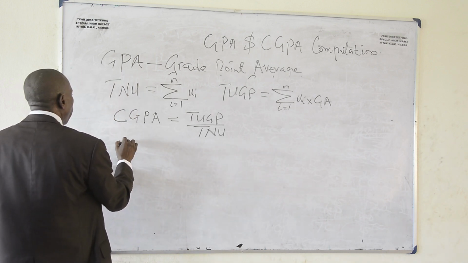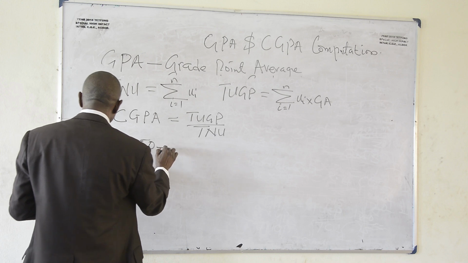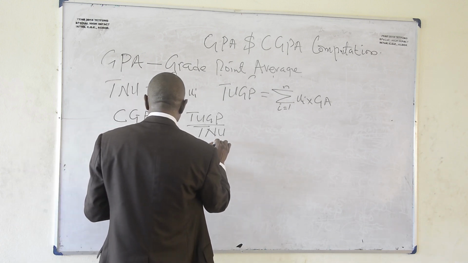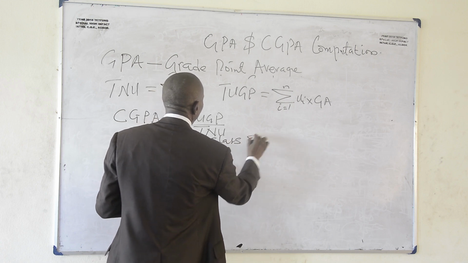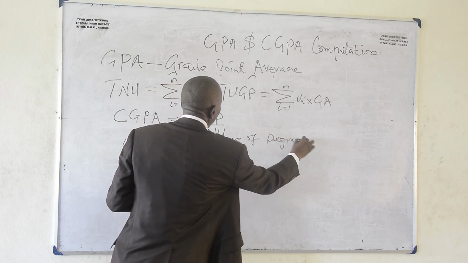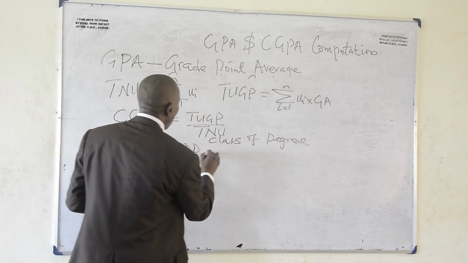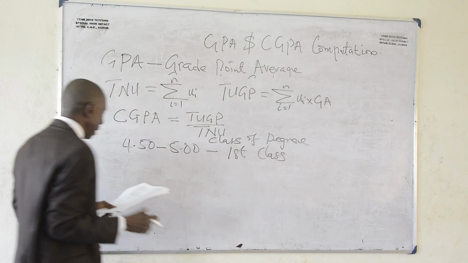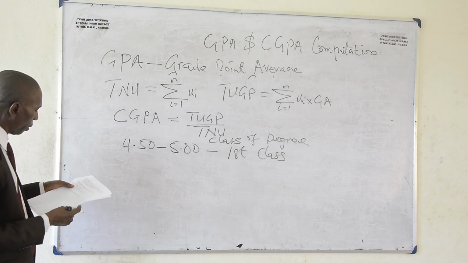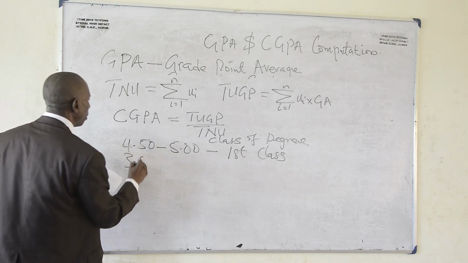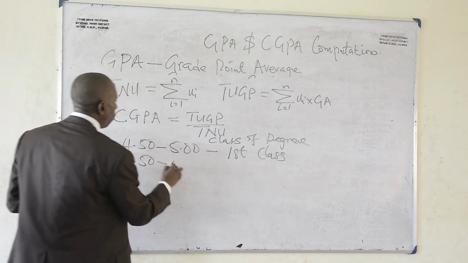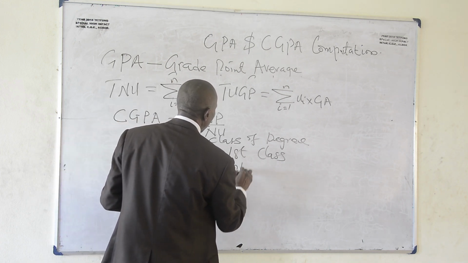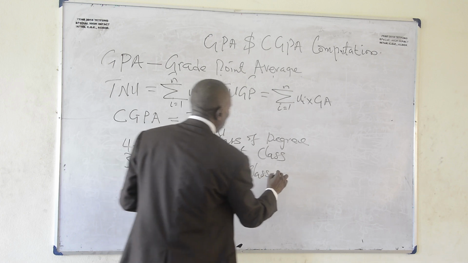A CGPA of 4.50 to 5.00 is taken as a first class. And then a GPA of 3.50 to 4.49 is a second class upper.